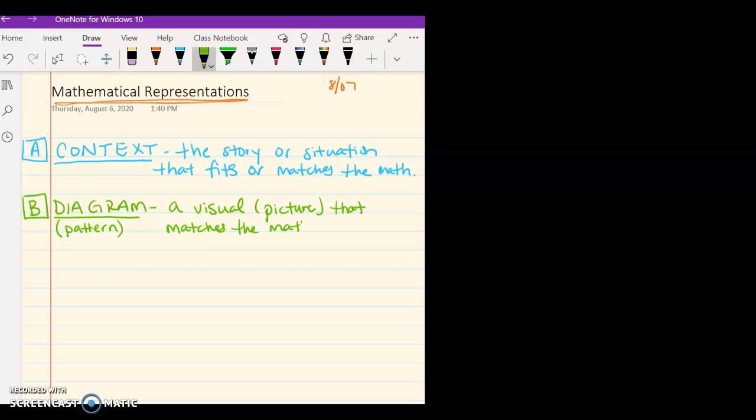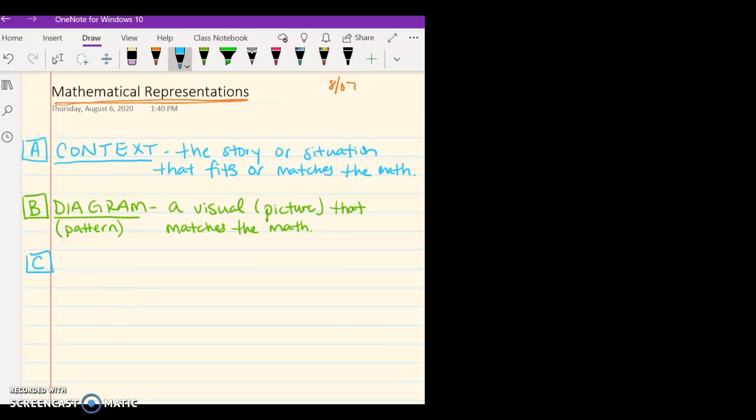And so it's going to be a picture of whatever pattern is happening. When we do our first lesson on Monday, you're going to get a diagram with that lesson, and you're going to have to interpret what's happening based off that. Like, what patterns do you see?